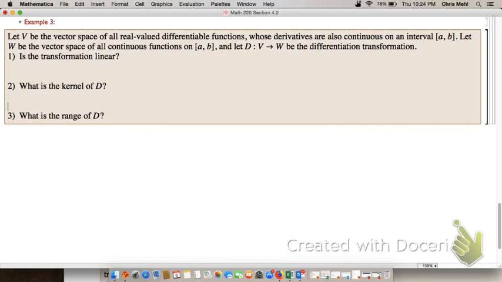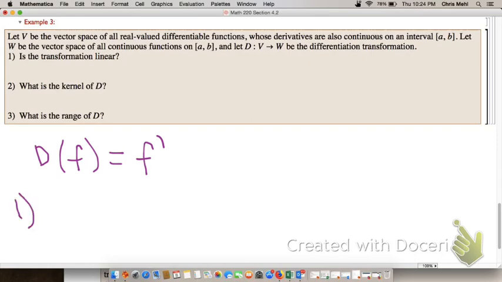That means that D of some function f has output just f prime, the derivative. Okay, so finally bringing in some calculus into linear algebra. We've been waiting so long for it, and it's finally here.